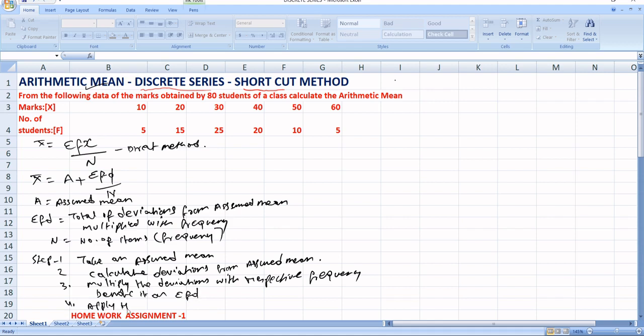What is the formula? A plus summation fd by n.